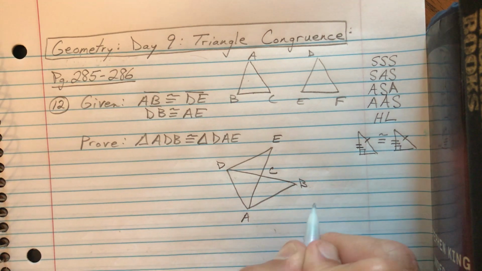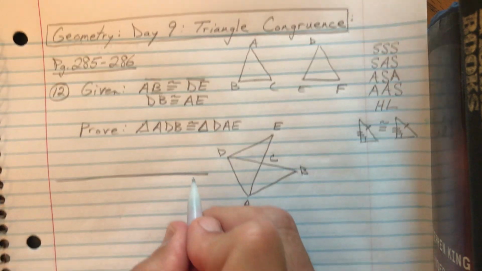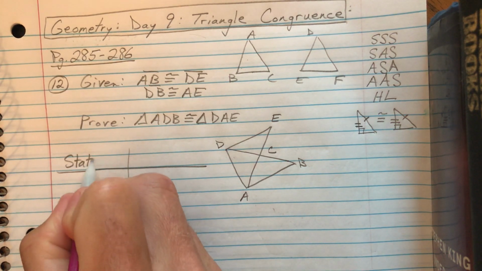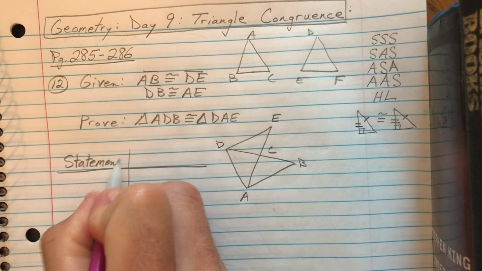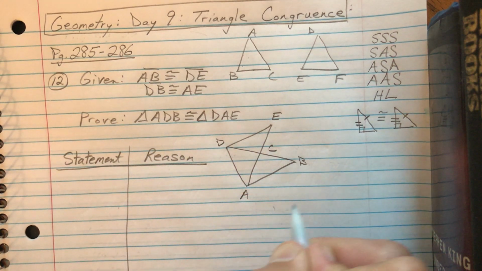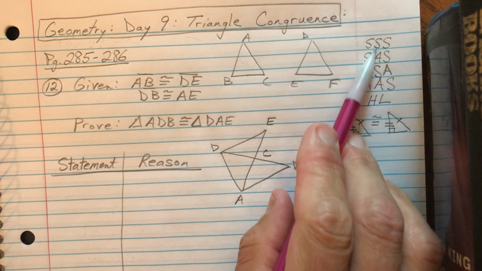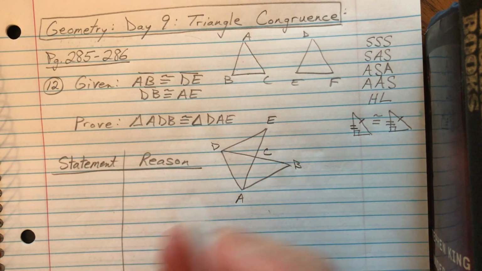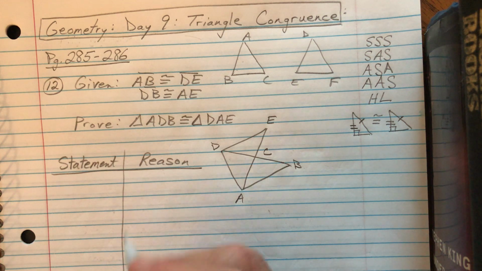And this is C. So we set up what's called a 2-column proof. Any statement you say in the first column, you have to back up with a reason in the second column. So, for example, we want to get one of these 5 ways of proving triangles congruent. Don't stress about which one it is, just take the information and go with it.